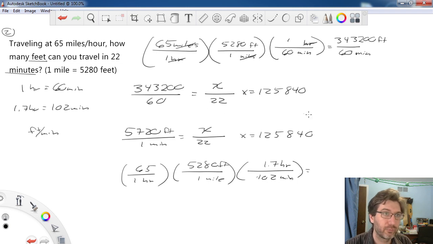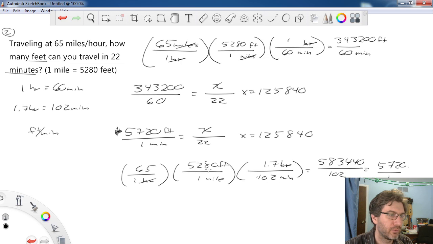Hopefully we're getting something similar in the end. 583440 over 102, divided by 102, you're still getting 5720, which is this number up here, over 1. Hours canceled. This was miles, wasn't it? Miles canceled. You got feet per minute. So even if you use that conversion ratio, you still get the same thing.